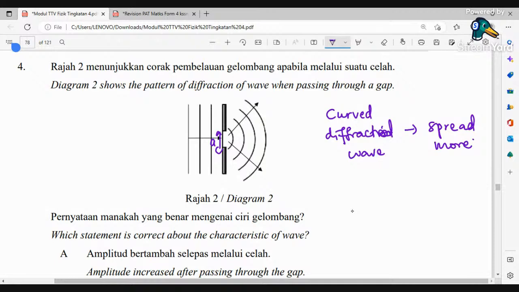How to get the effect of diffraction more obvious? The size of lambda must be larger than or equal to the size of the gap. So this one you will get the effect of diffraction.